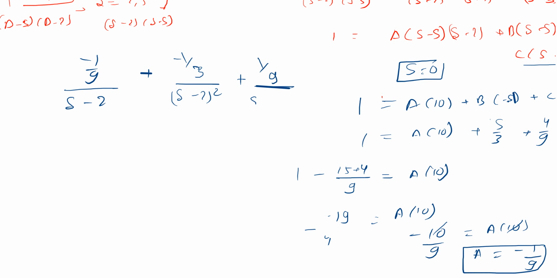So this is again e to the power 2x with minus 1 over 9 multiplied with that factor.